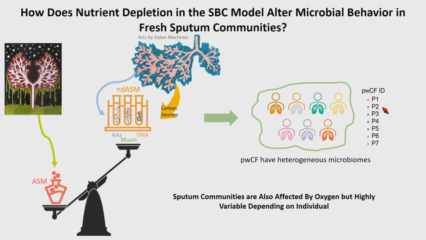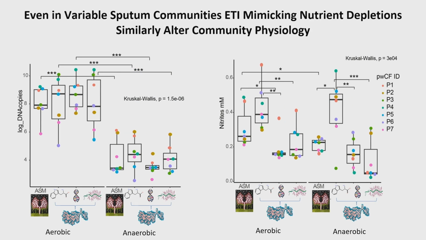As in the synthetic bacterial community, we found that sputum communities are also affected by oxygen, but highly variable depending on the individual. But again, when we look deeper at the physiology of this microbial community, we found that the artificial sputum media with low amino acid is changing the nitrite production in all of these communities.